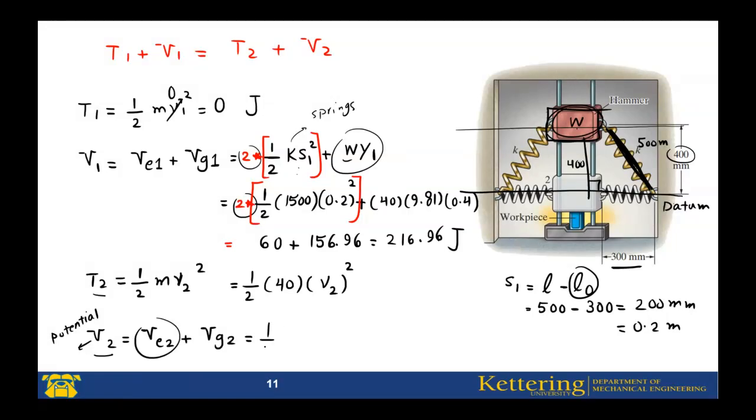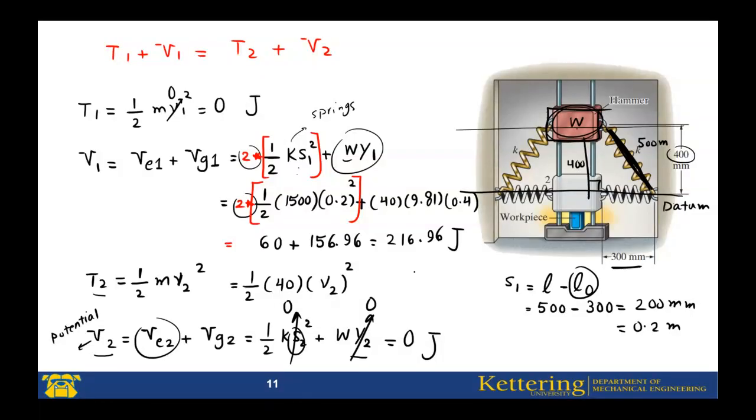This is equal to 1 over 2 k S2 squared plus the weight multiplied by Y2. Now, how much is S2? 0, right? Because it is unstretched at this position, S2 is 0. How much is Y2? 0. Also, this is 0. This is also equal to 0 joule.